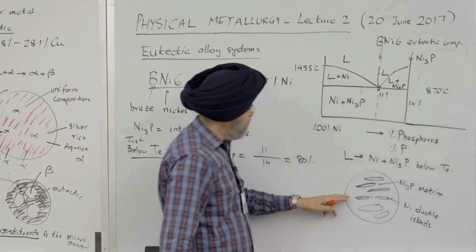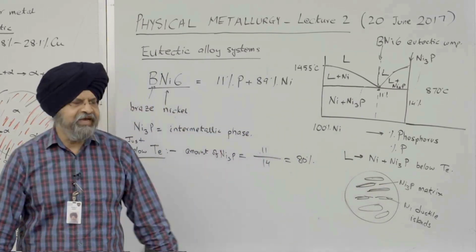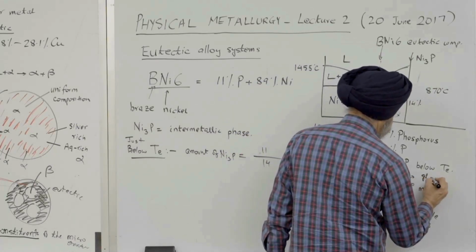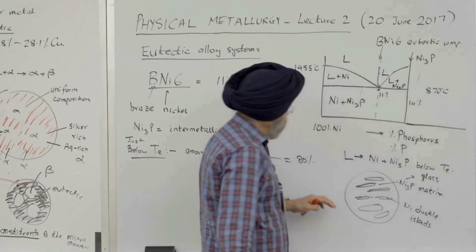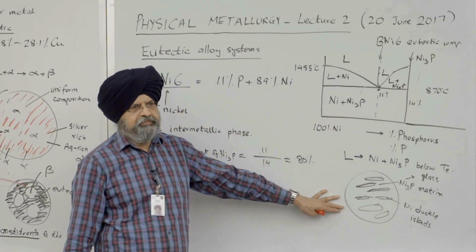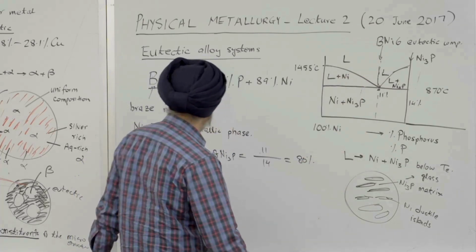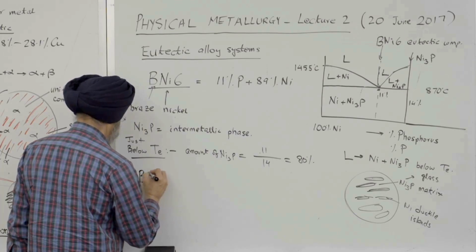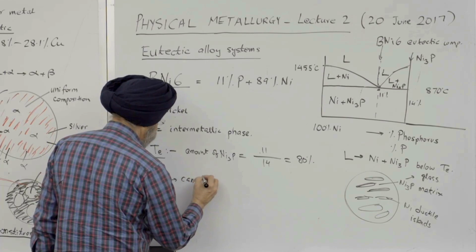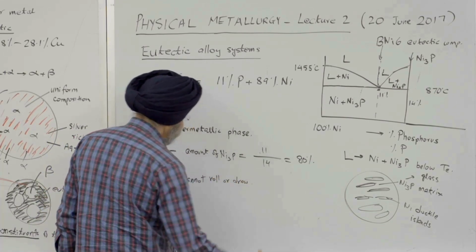So we have islands of nickel in a matrix of Ni3P. So Ni3P is like glass. If you were to hammer this, this will shatter into particles. So this alloy, BNi-6, you cannot roll or draw or do anything to it.